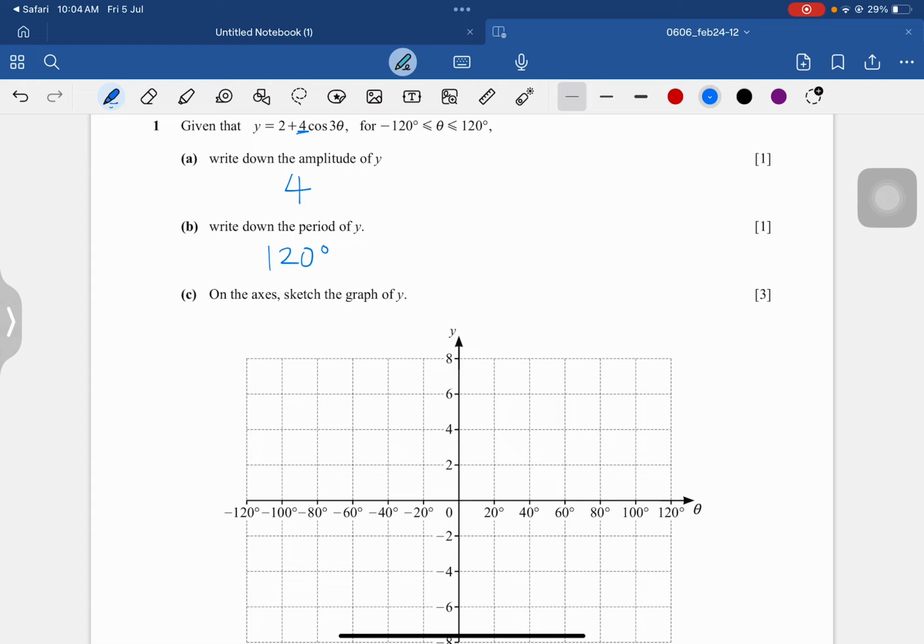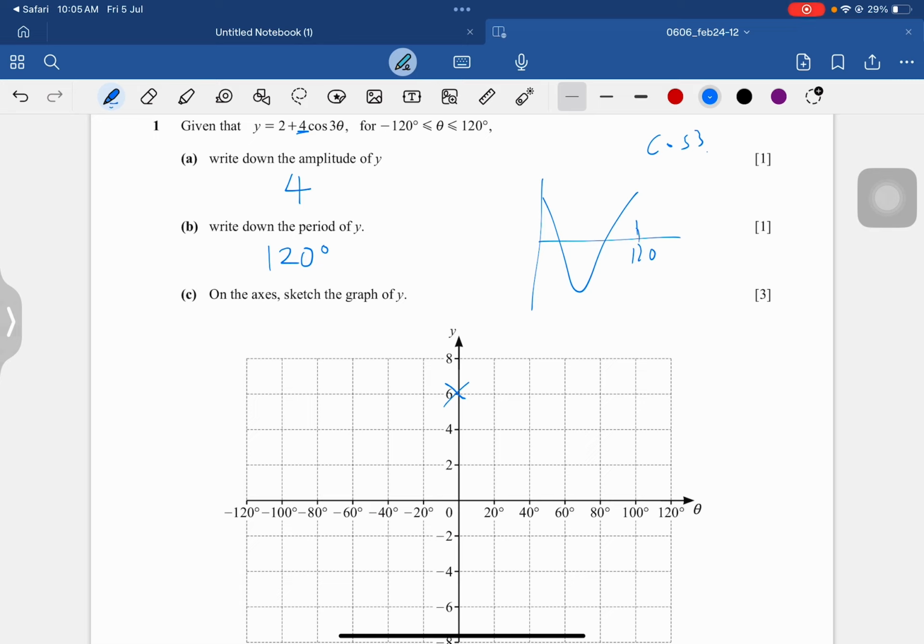Okay, we put a cross. At 0, when you sub in, cos 0 is 1. 1 times 4 is 4. 4 plus 2, which is 6. And just like I mentioned, for cos 3 theta, here will be 120.